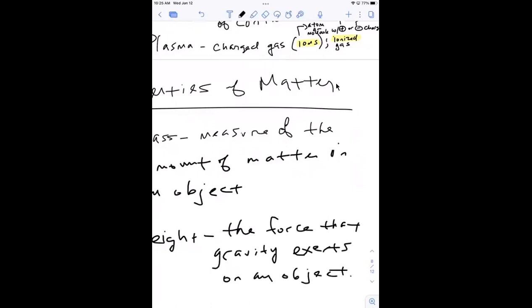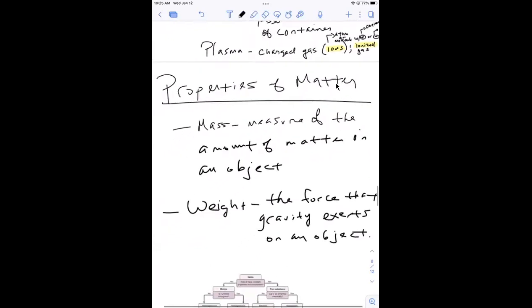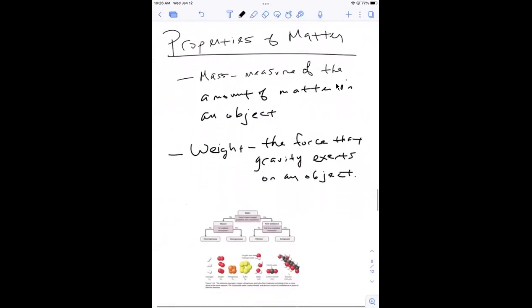All right. Can somebody tell me this? Let's answer this question. Does the weight of an object change under different gravitational forces? Or let me ask it a better question. Would you weigh the same on the moon that you weigh on the earth? No. Your weight is based on the effect of gravity.